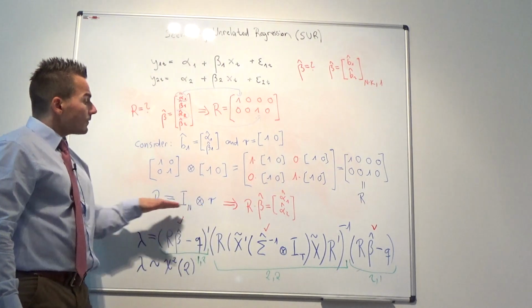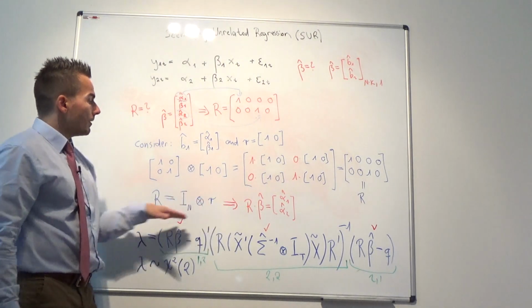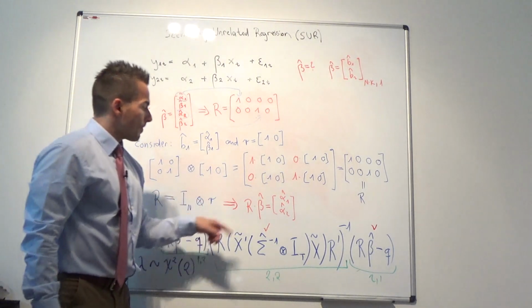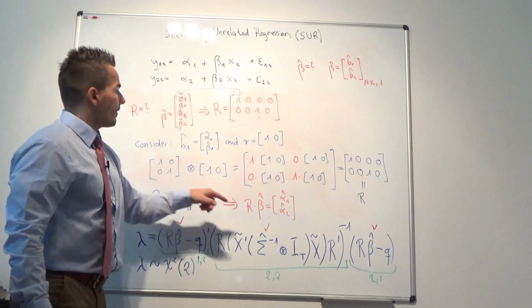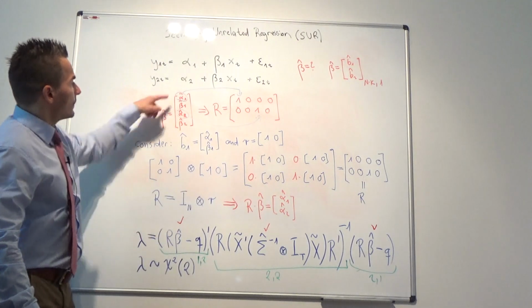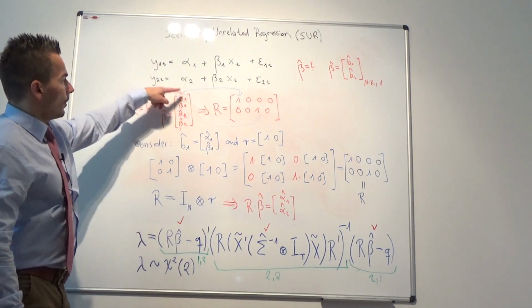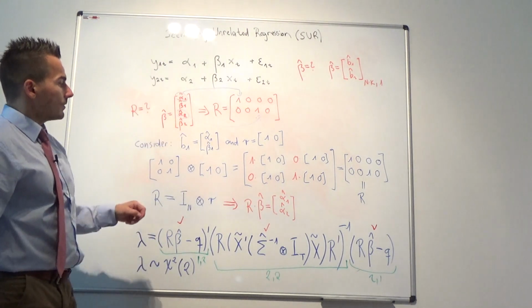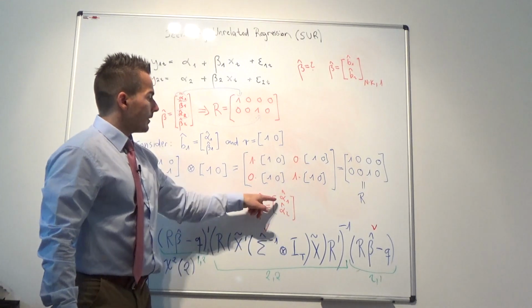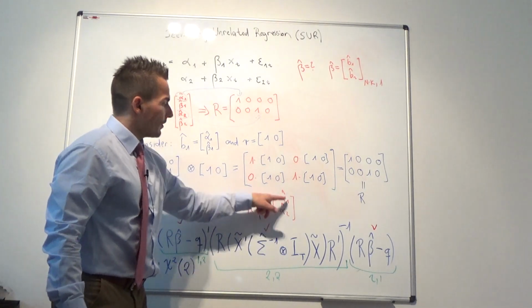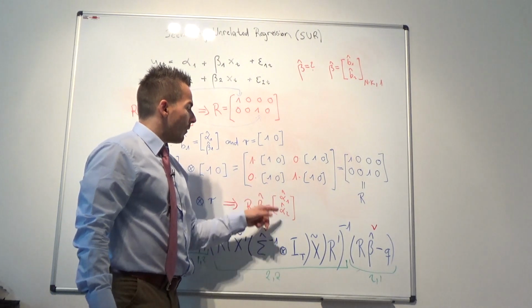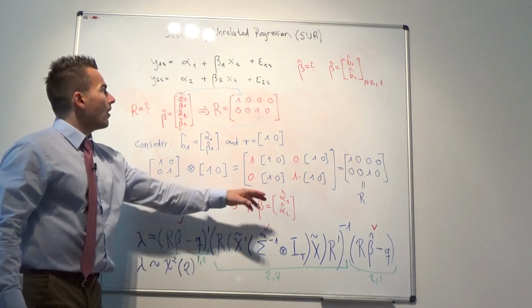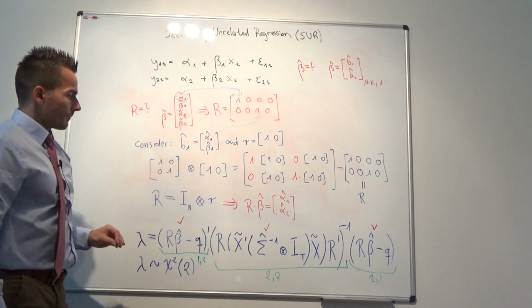And what we also know is, if we multiply this matrix here with our vector beta hat, what must come out is the vector of corresponding point estimates that we want to test: our alpha 1 hat and our alpha 2 hat, the intercept terms of these equations.